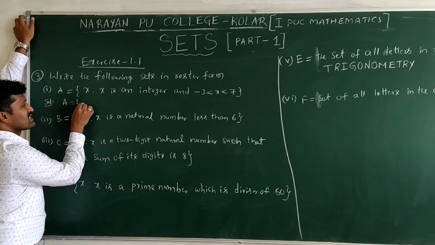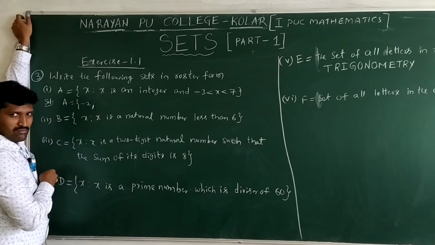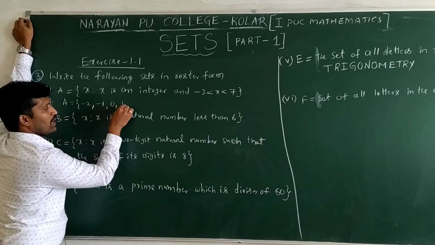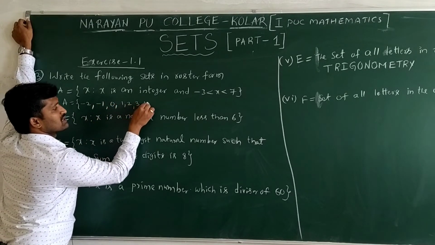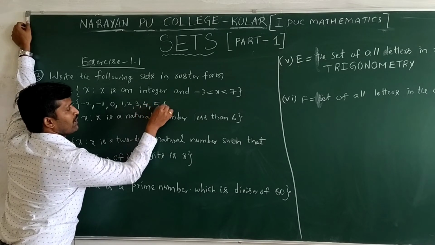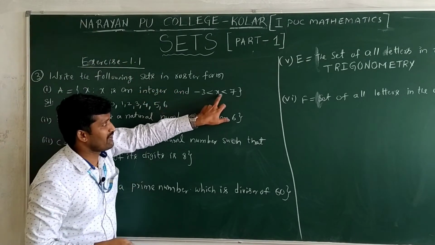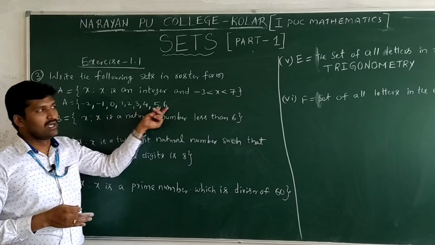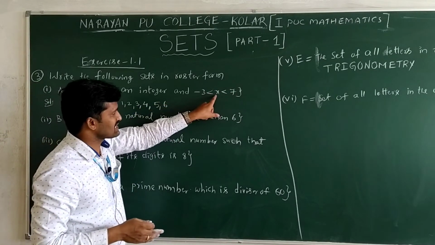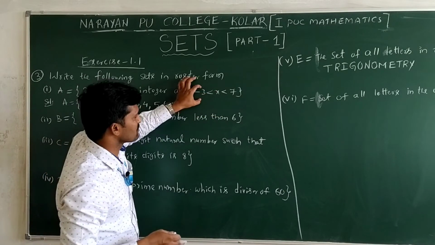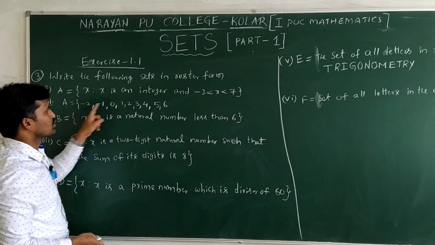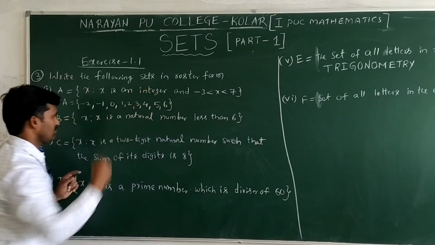More than -3, what integers will be there? -2, -1, 0, 1, 2, 3, 4, 5, 6, because we have x less than 7. Less than 7 means we take up to 6 only. That's why from -2 up to 6 we need to take here.